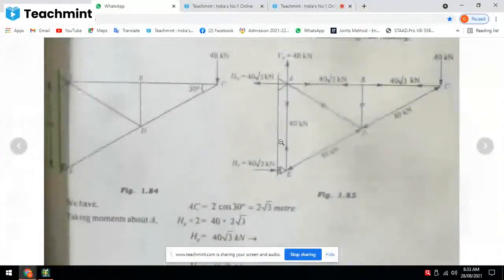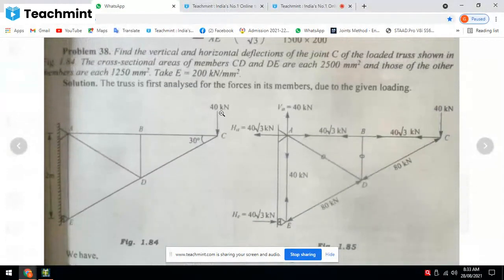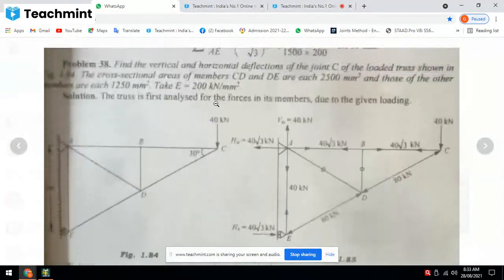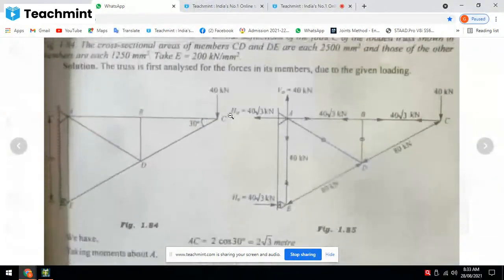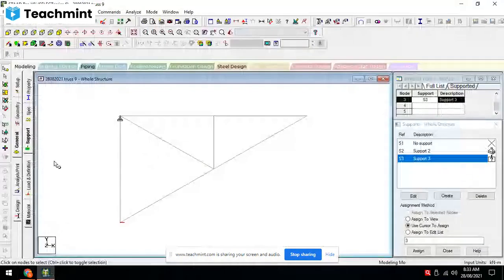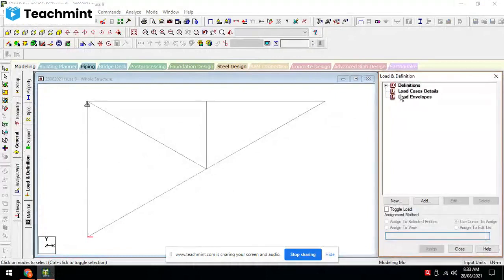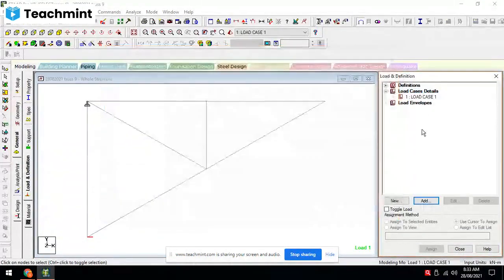Now the load. There is only one load, that is 40 kilonewton load, and we have to find out the vertical and horizontal deflection at point C only, where the load is applied. So click on loading, load case details, add, apply load, add, close it.